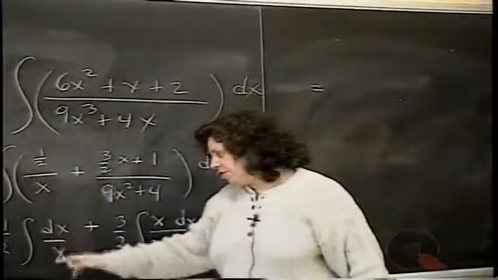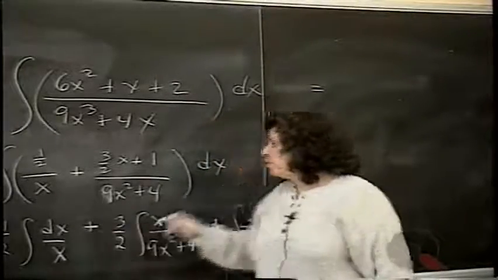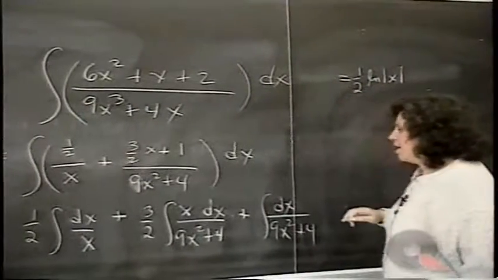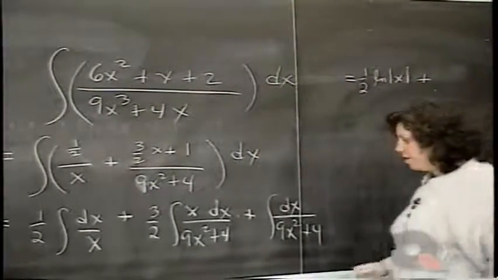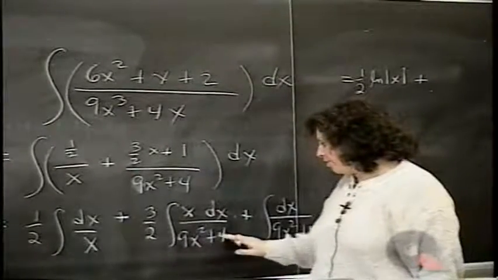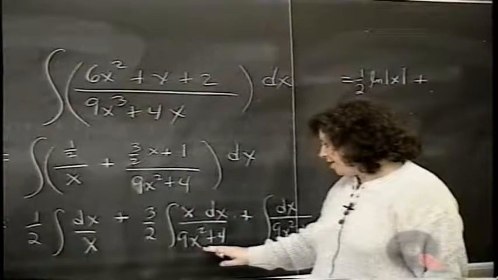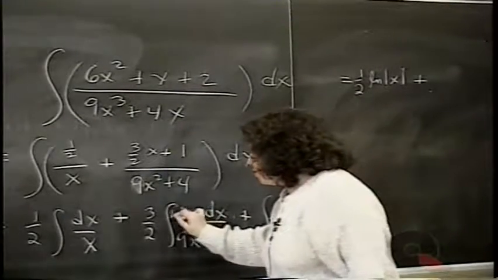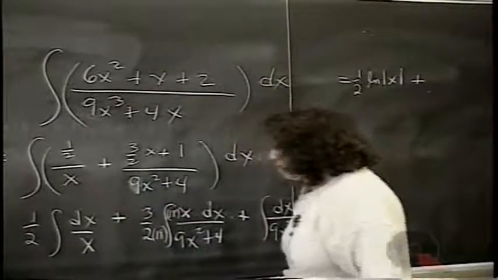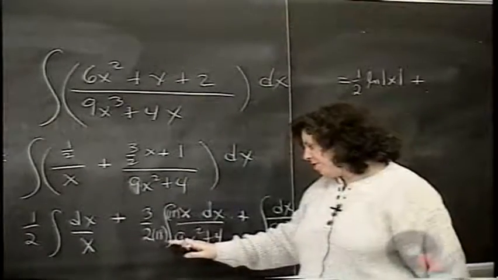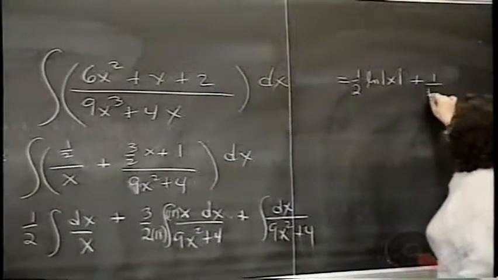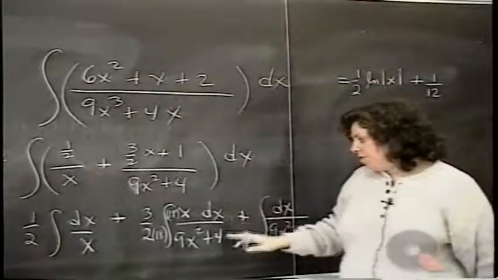Now, this, of course, is just du over u. So this first one is going to be 1/2 natural log of x plus a constant which we'll save to the end. This is almost a du over u. If u is 9x squared plus 4, then du would be 18x dx. If I multiply by 18 here and divide by 18 in front, I would have 3 over 36, or 1 over 12, the integral of du over u.